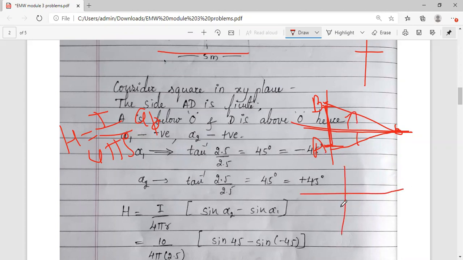Suppose my conductor is kept somewhere like this, then this is your reference axis, and both angles will be negative. And suppose my conductor is something like this, with point P here, then both angles are positive.